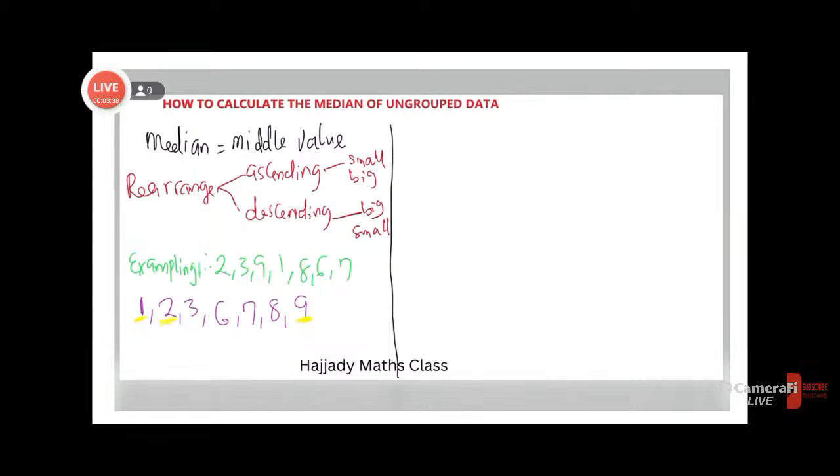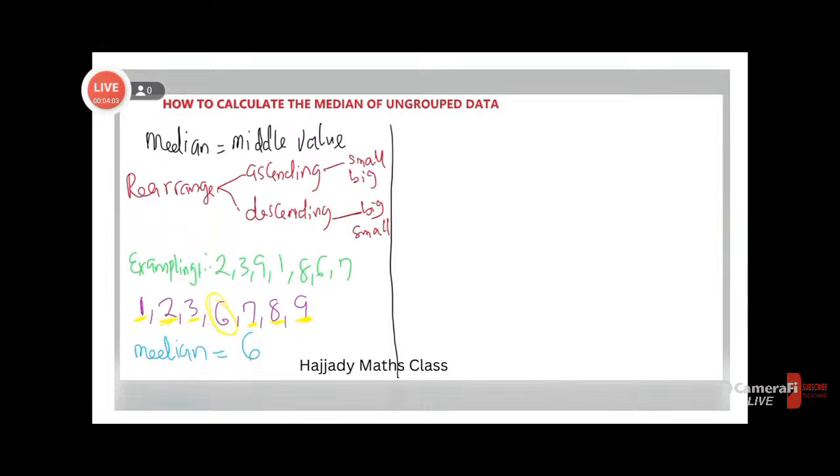We move to the next one, cancel it out, and we are left with a value at the middle. So the middle value is our median. That's what we are interested in. So from this, we know that our median is going to be 6. This is the value for our median.